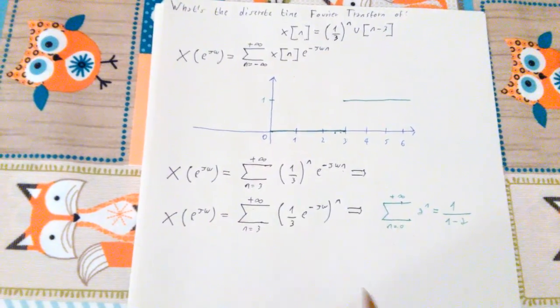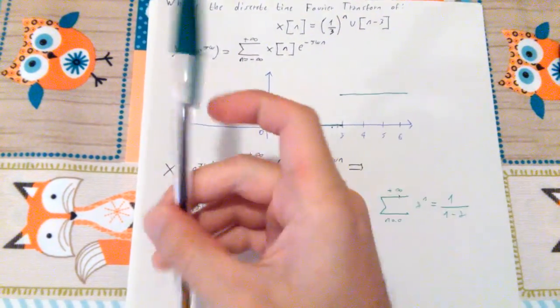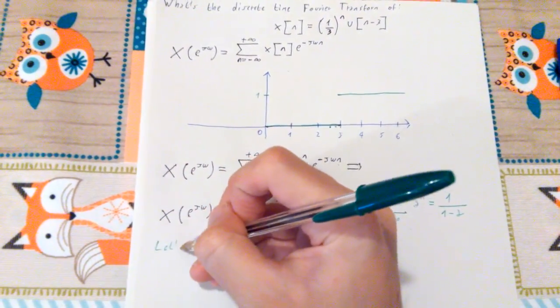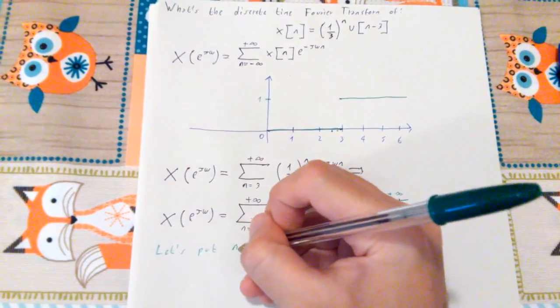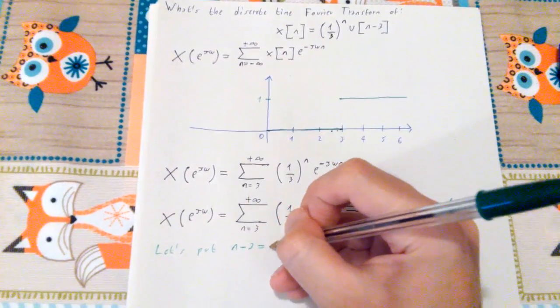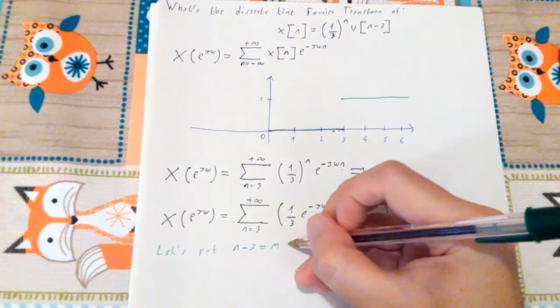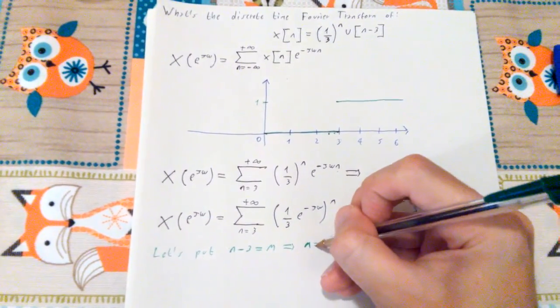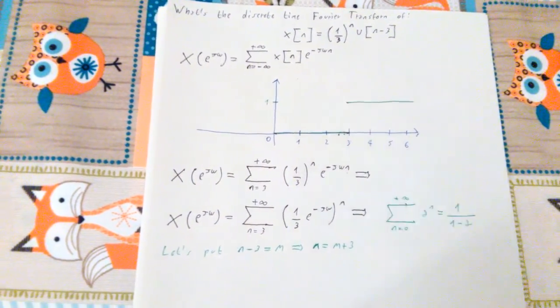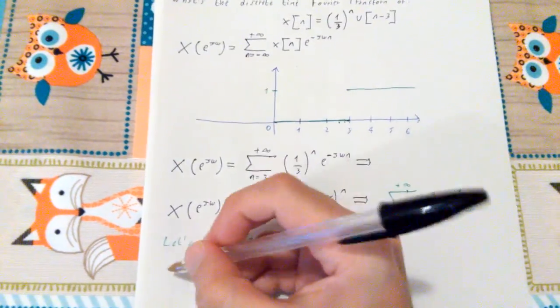Well, we can actually say, let's put n minus 3 equal to m, which means that n is actually m plus 3. So what do we get?